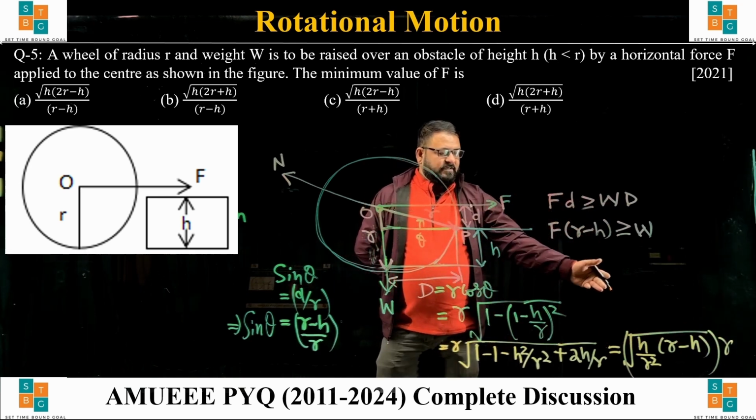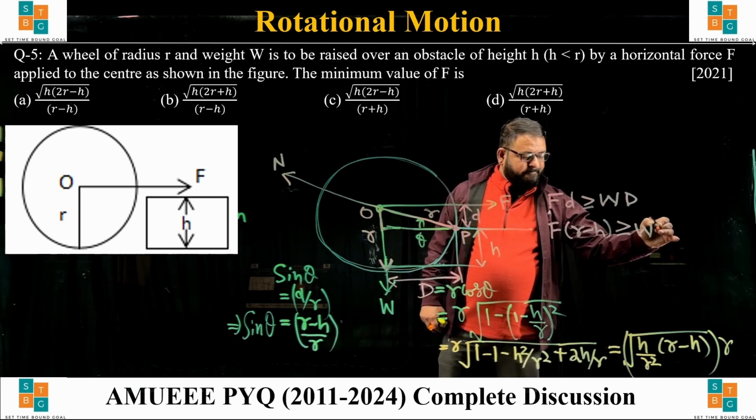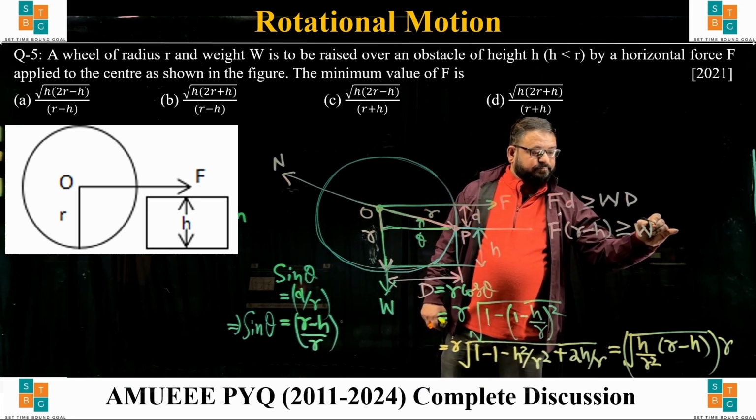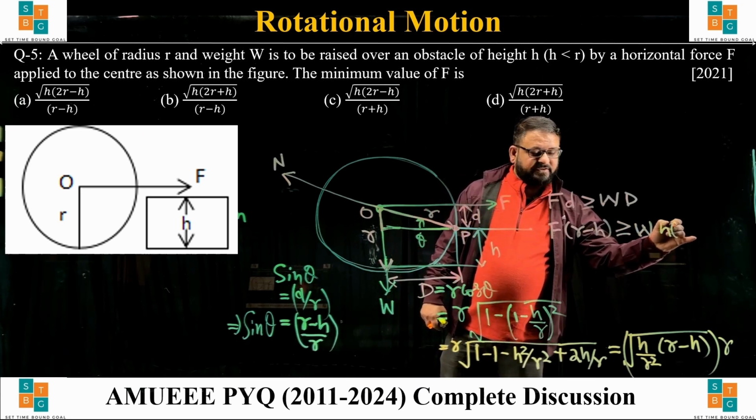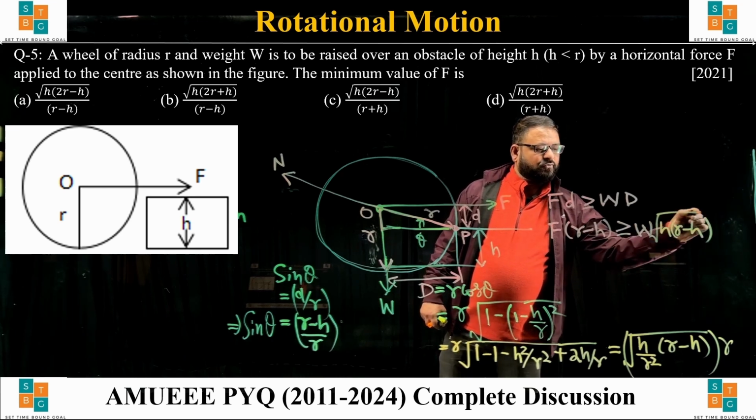So you can clearly see D is equal to square root of h into 2r minus h.